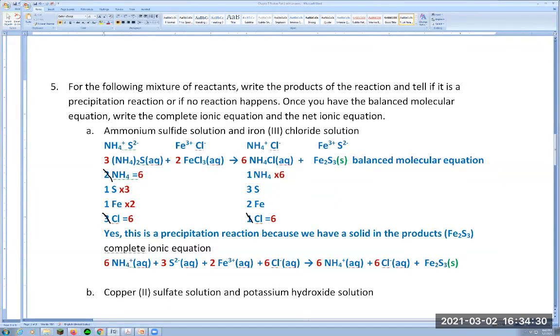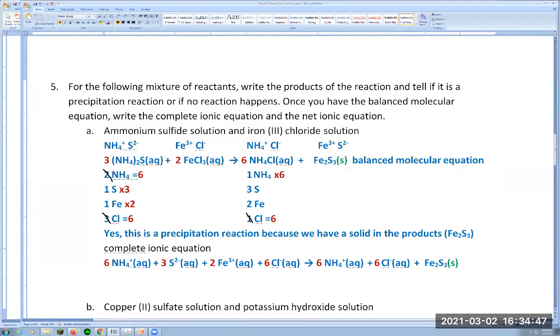So that's the complete ionic equation, and it's balanced. If you look, you have 6 chlorine on the right, 6 on the left, 6 ammonium on both sides, and then 3 sulfur and 2 iron, and you get that in this formula. So now you want to write the net ionic equation.